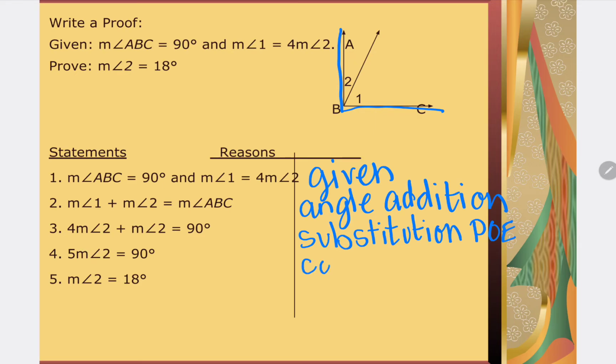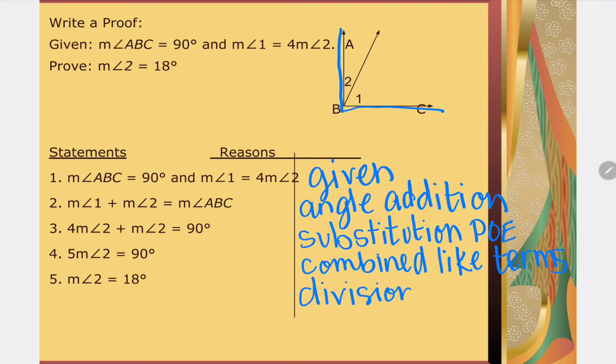I've combined like terms to get that 4 times the measure of angle 2 plus the measure of angle 2 is equal to 5 times the measure of angle 2. And then I've used the division property of equality to obtain my statement that I wish to prove, which is that the measure of angle 2 is 18.